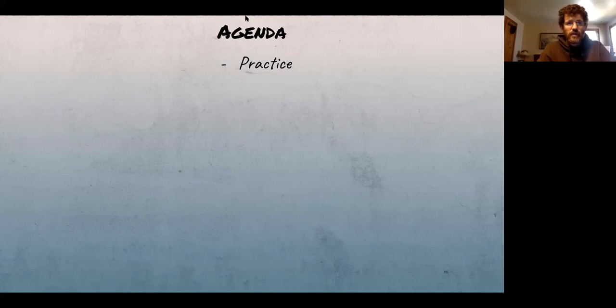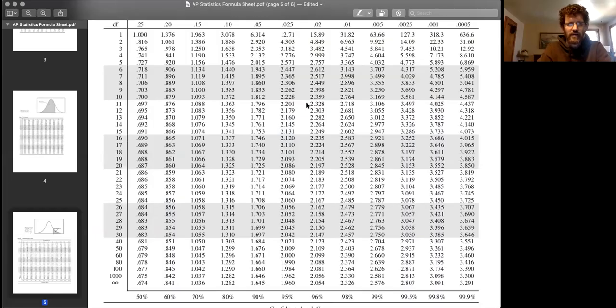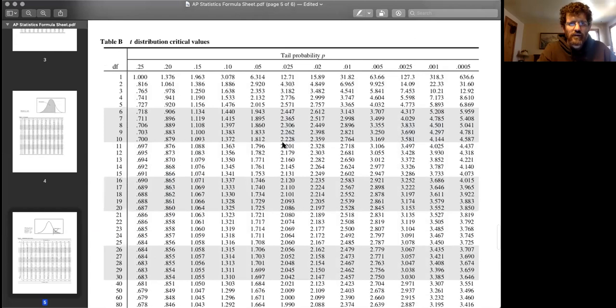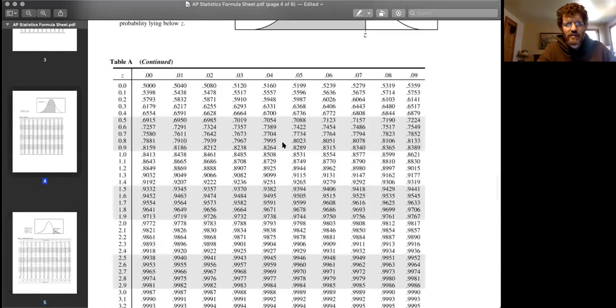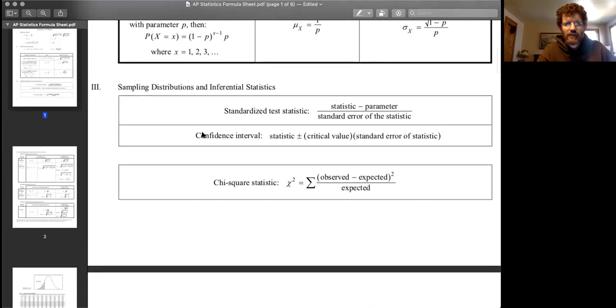The other thing I wanted to do real quick, I'm not going to probably switch back and forth to the formula sheet, so I wanted to do that right now. If I switch back and forth, it messes with the writing and I lose what I've done. So the key thing on the formula sheet, we've already gone over this stuff, but I just want to repeat it. You have your confidence interval general formula right here.